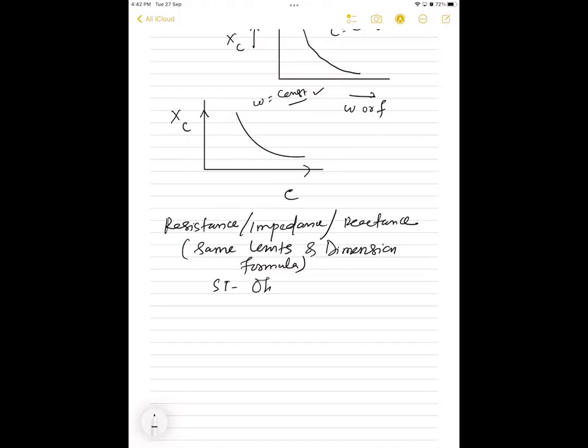Ohms. डायमेंशन फार्मूला जैसे निकाल लेते हैं, M L² T⁻³ A⁻², राइट?